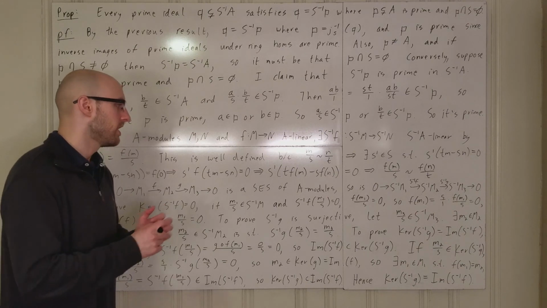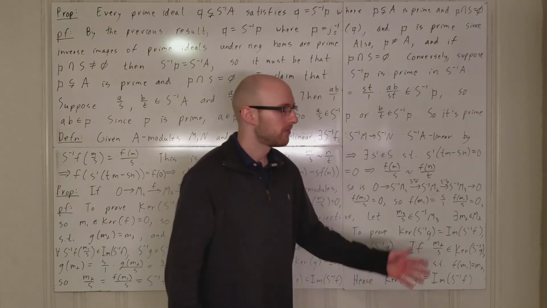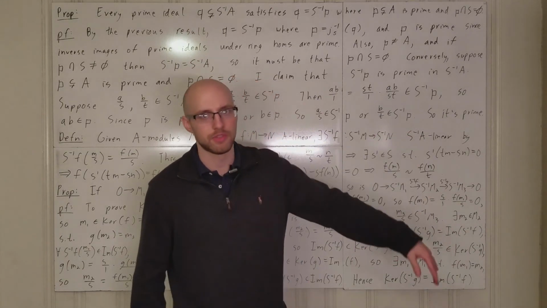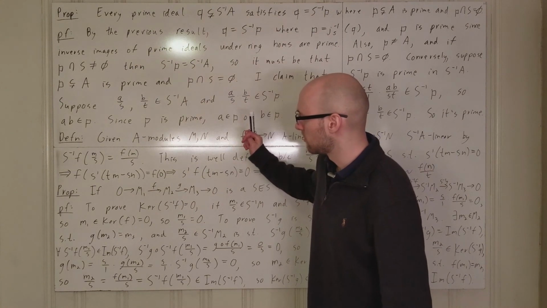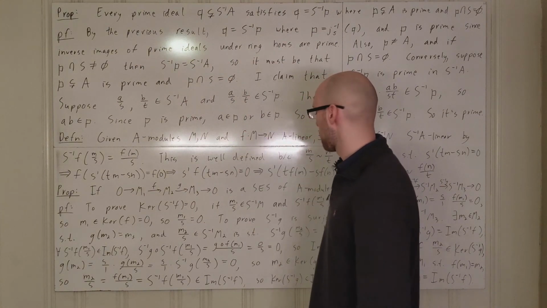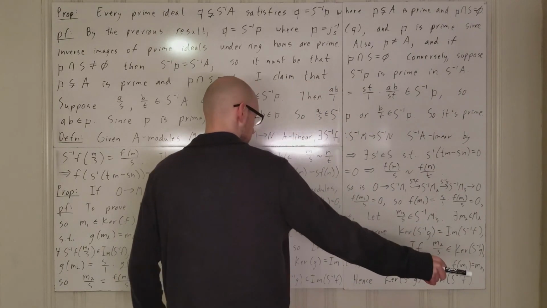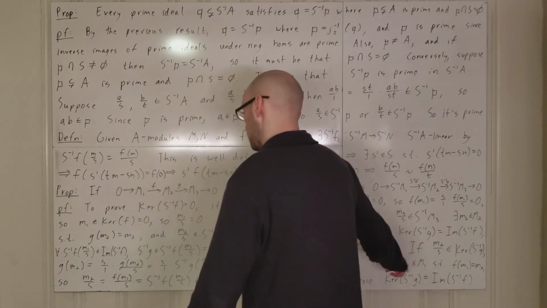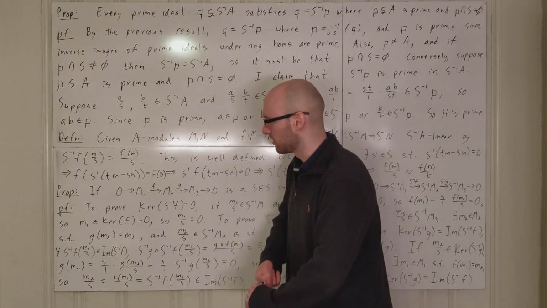Then for the other direction, you take something in the kernel of S inverse G. We'll call it M2 over S. Of course, this is because M2 is in capital M2 and S is in S. Okay, so if this is in the kernel, then G of M2, okay, where am I going with this?